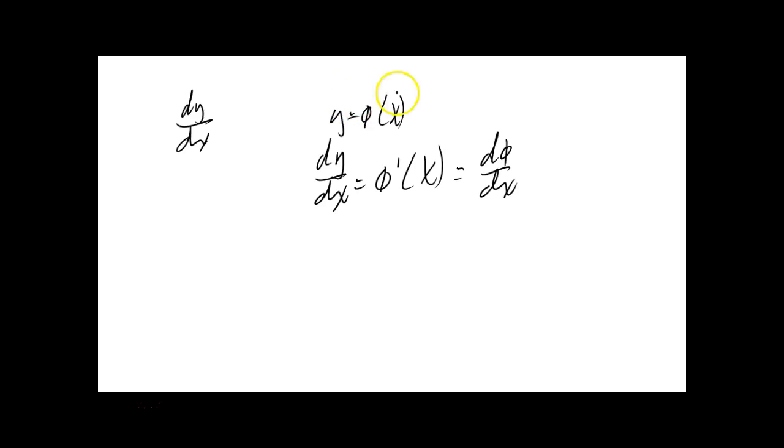If this phi of x in this case would have been e to the 0.1 x squared. Now, why they chose that one, I don't know, but it's perfectly fine. What would dy dx have been? If y is equal to that, what is dy dx? Cal 1.